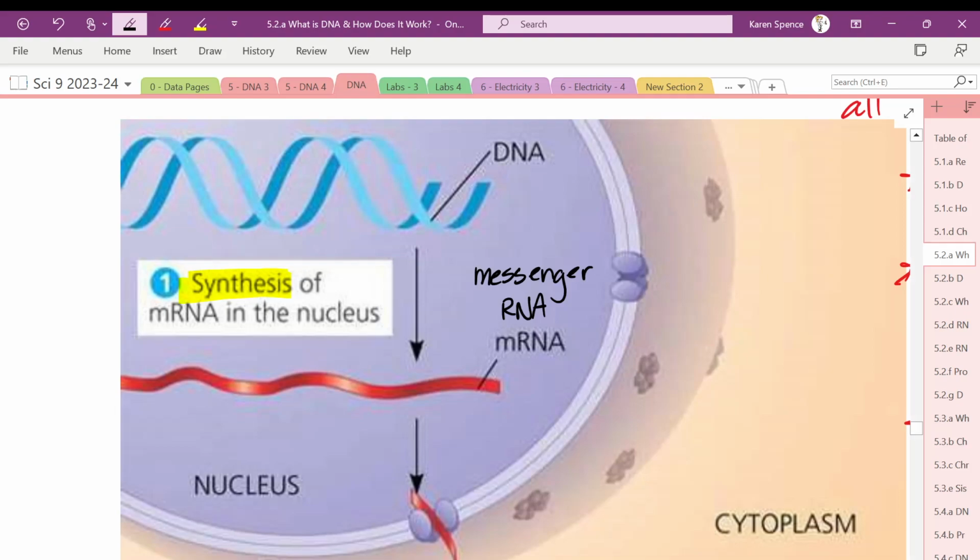The only thing we've said now that's different is we have messenger RNA. So is this part familiar? We make a partial copy of the DNA and we call it RNA, or in this case, messenger RNA.